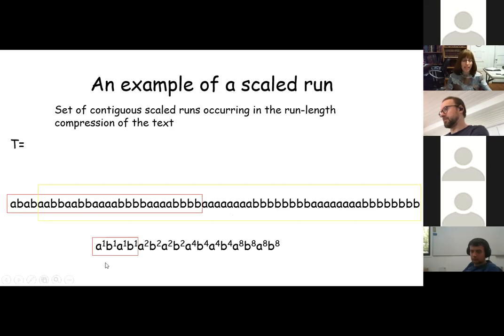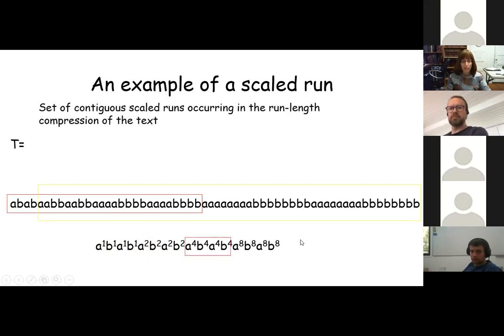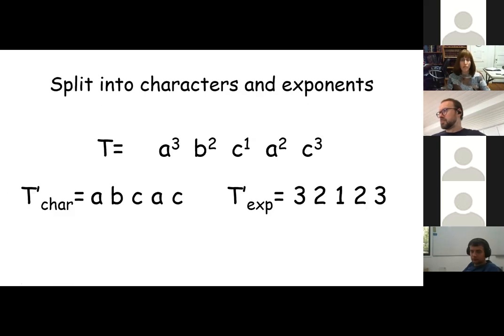The answer is that as long as you can keep moving over with the same scale, you may have consecutive scaled tandem repeats with the same scale, and you could therefore link them up and call them a run, and you could go ahead and search for scaled runs.